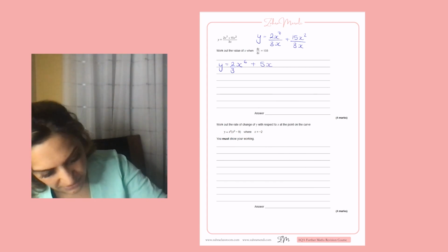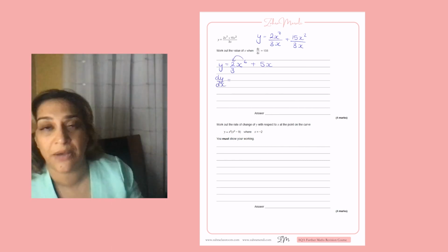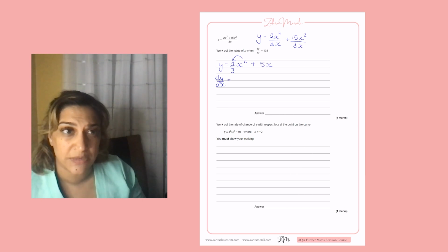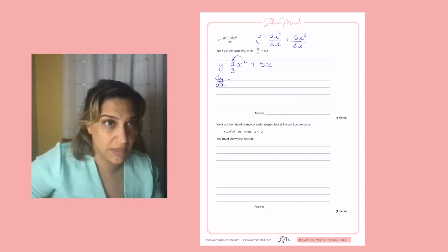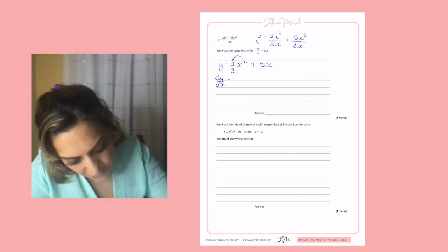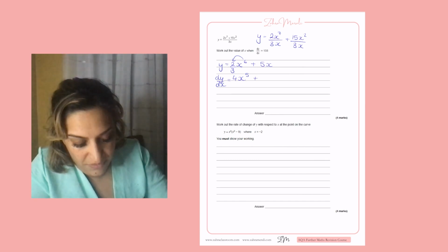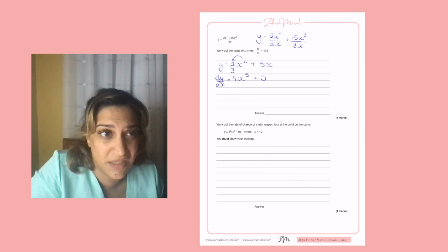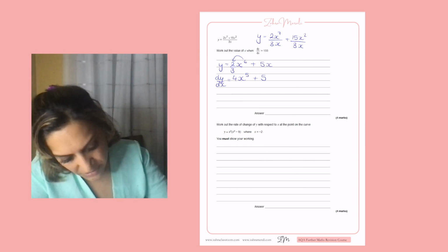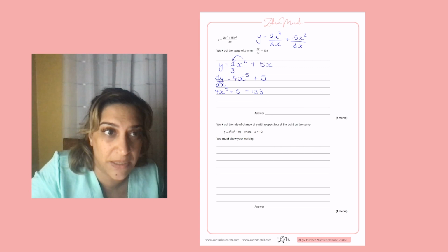Now we're going to differentiate it. So remember, we multiply by the power, 6 times 2, giving us 12. Divide by 3 is going to give you 4. So we're going to end up with 4x to the 5 plus 5, because remember, the gradient of y equals 5x is just 5. So we want to know what x equals when all of it equals 133.